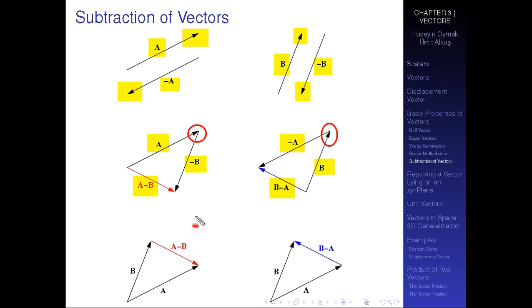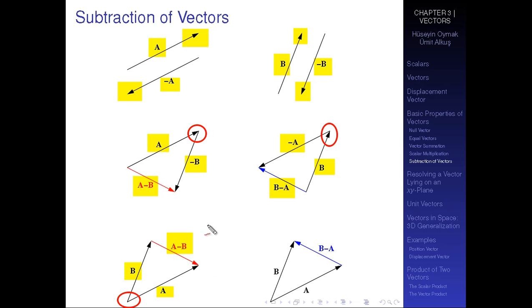However, there is an alternative way to remember the subtraction A minus B. We place two vectors A and B, not minus B, tail to tail, as in this case.